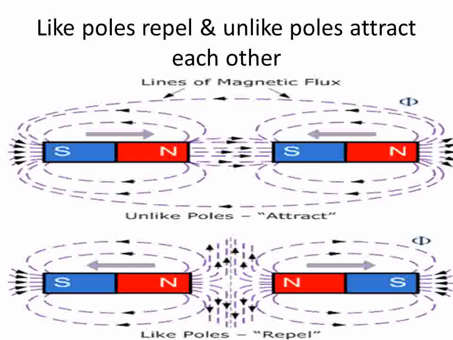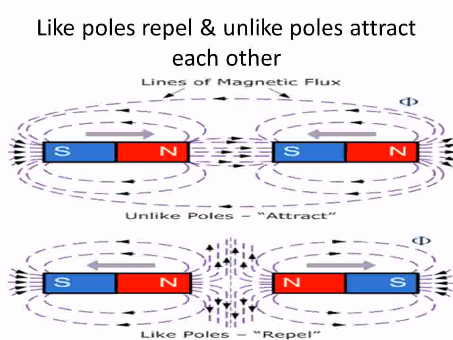Whereas in the other diagram, North pole and North pole of the two magnets are kept closer to each other. Lines of magnetic field change their path and do not go from North pole to North pole, but move away from the other North pole of the magnet present there, as a result of which there is a force of repulsion.